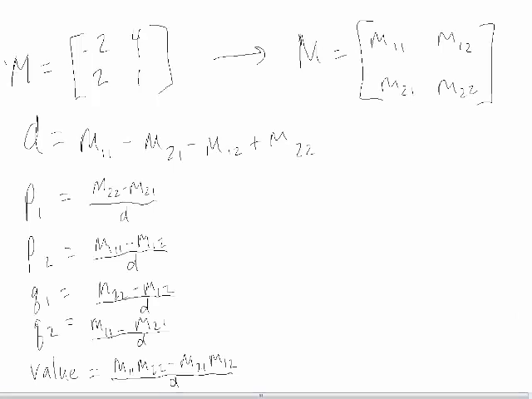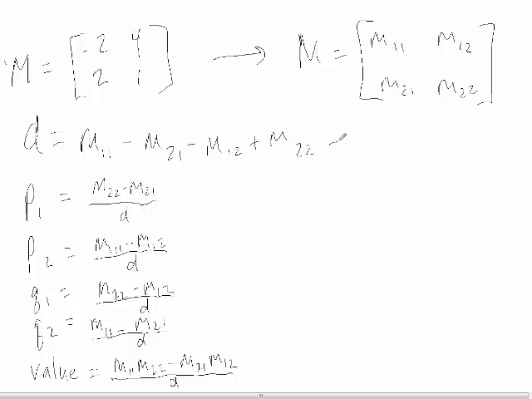The elements of the matrix are labeled in this way. We find D, which is this sum, and then player A's strategy 1 probability will be determined by this. Player A's strategy 2 probability, player B's strategy 1 probability, player B's strategy 2 probability, and then the value of the game is determined here. So it's just kind of plugging and chugging some values.